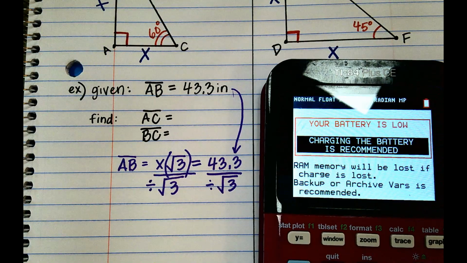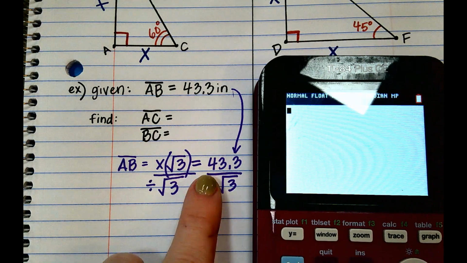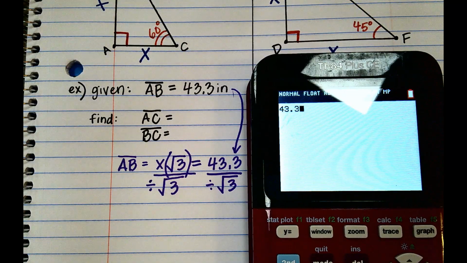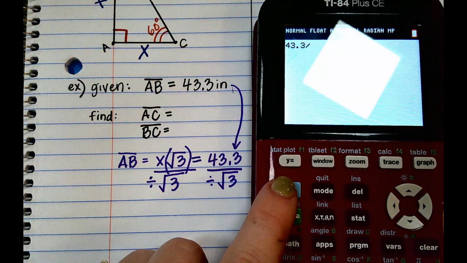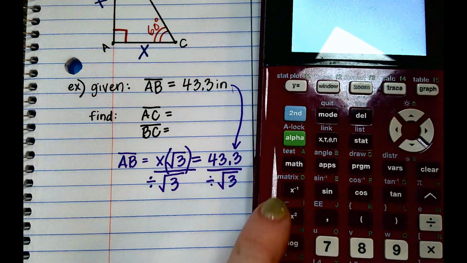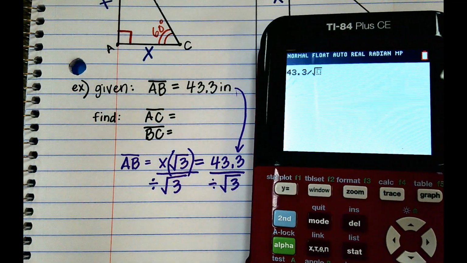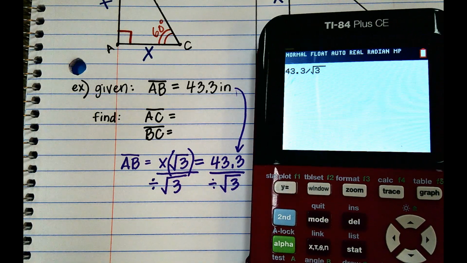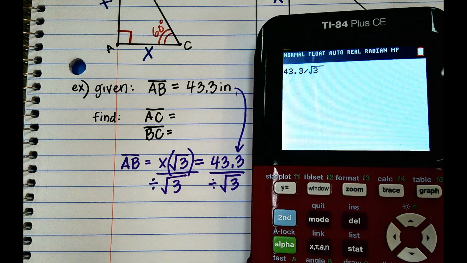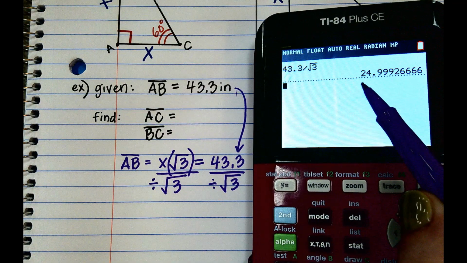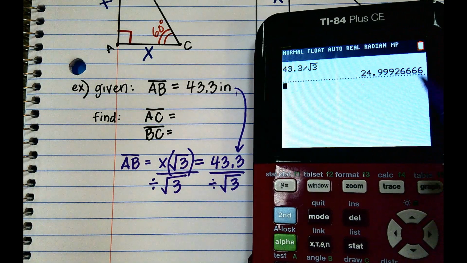And here's how we type that in. Okay, so I'll type 43.3 divided by, we use the second button and get our square root of 3. So it's 43.3 divided by the square root of 3. Enter. And I'm going to get 24.999.